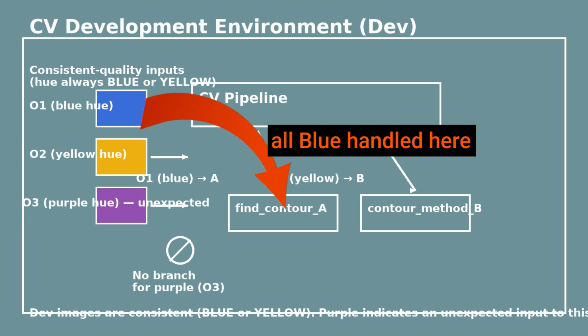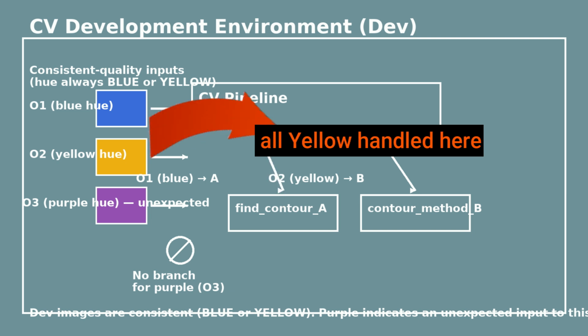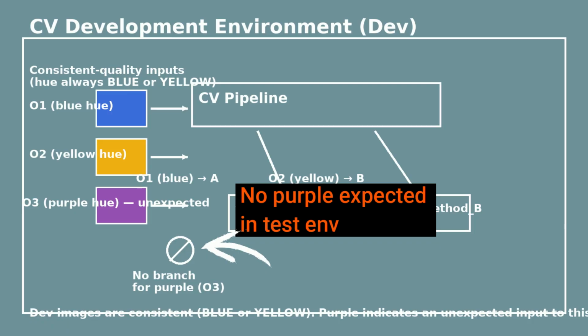In development environments, you don't notice the risk inside this, because in development, you feed clean test images, and your coding or logic branches, based off of those test images, look stable.